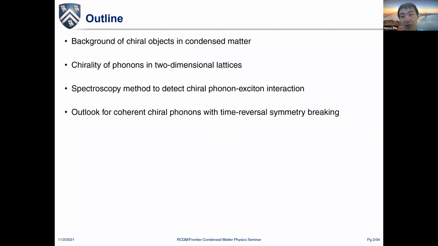This is very important because we want to know the effect of the chirality of phonons, instead of just looking at phonons, which has historically been done by many people. And finally, what's the application, or the relevance of chiral phonons, especially when we can manipulate them coherently.